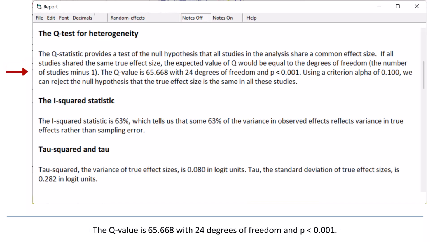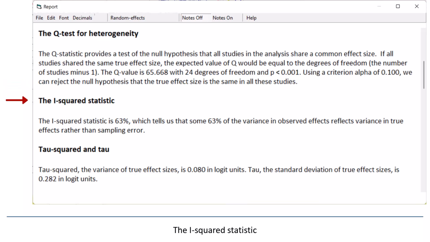The Q value is 65.668 with 24 degrees of freedom and a p-value of less than 0.001. Using a criterion alpha of 0.1, we can reject the null hypothesis that the true effect size is the same in all these studies.